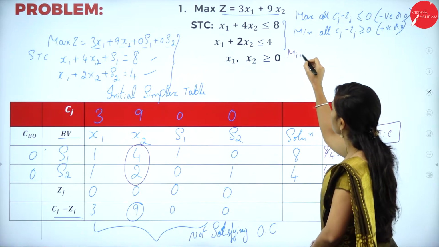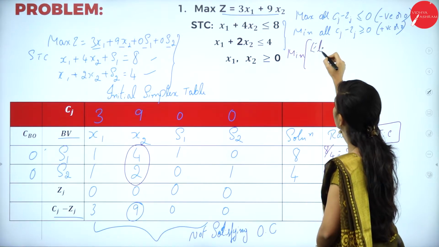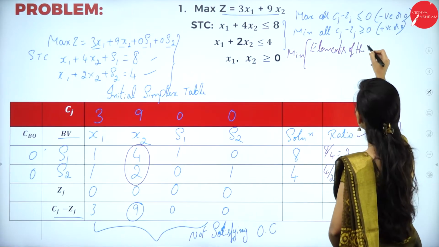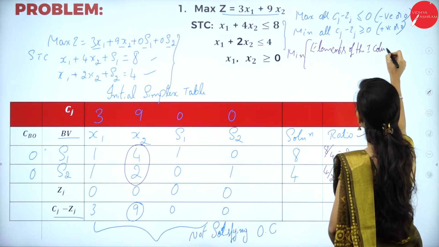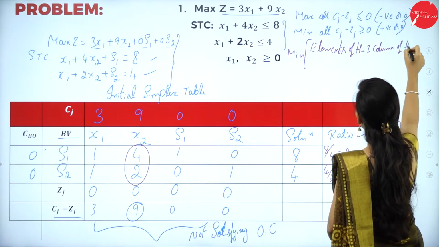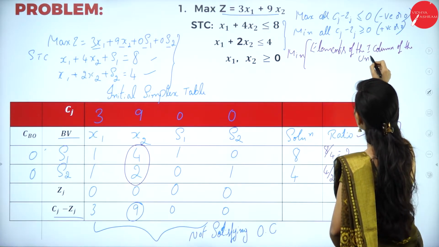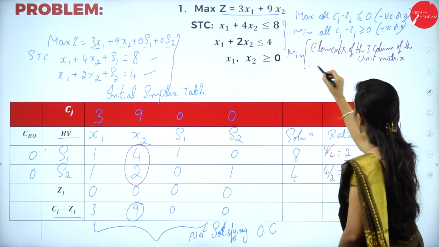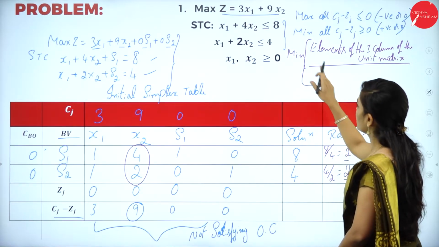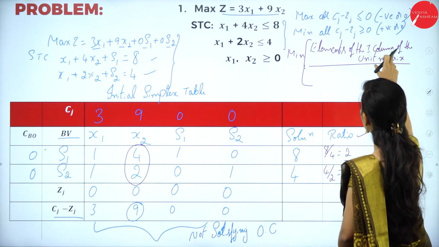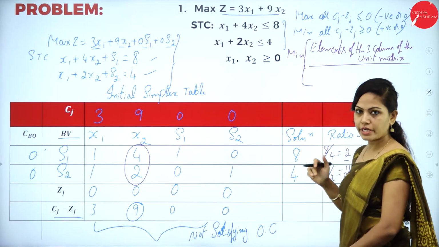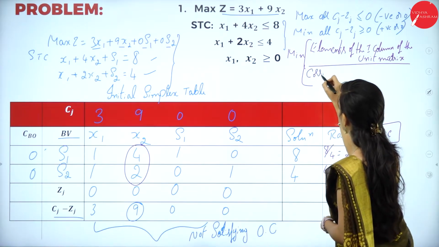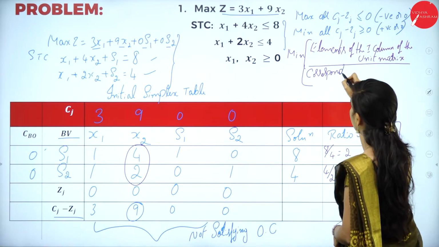Min of elements of the first column of the unit matrix divided by corresponding elements of the entering column.